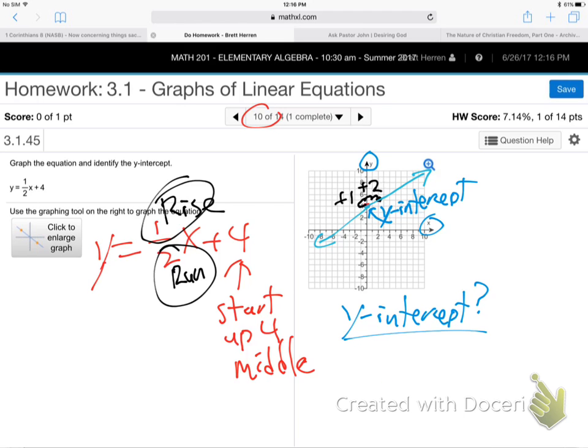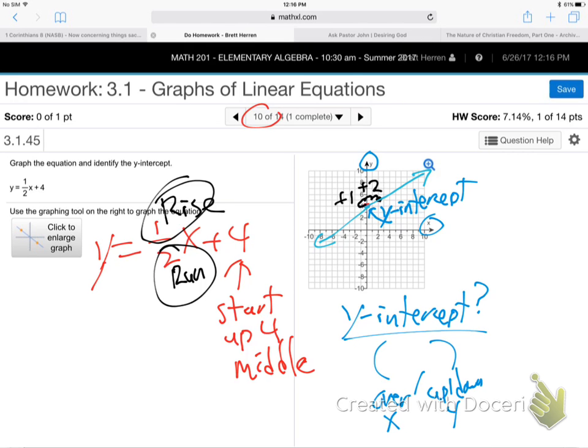Now, when I say coordinates, remember it's two numbers. Every one dot on a graph has two numbers to locate it, right? The first number is your over, your X value. Your second number is your up, down, which is your Y value. So that one dot has two numbers to locate it. What are those two numbers to locate that one dot?